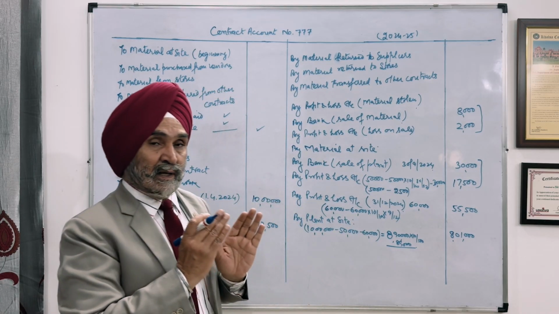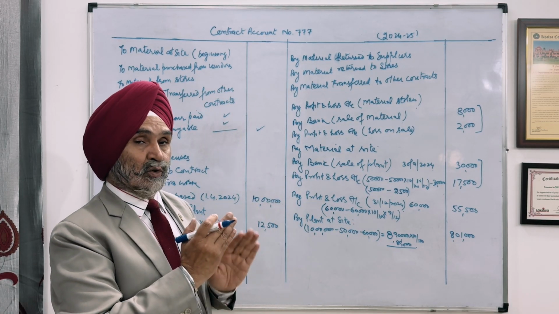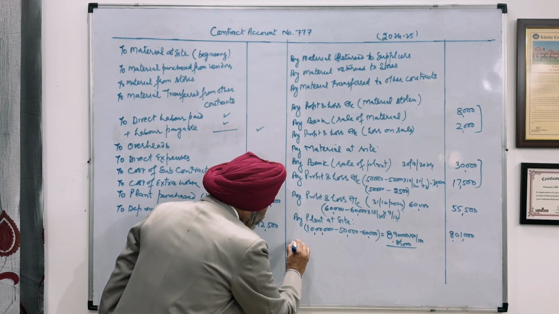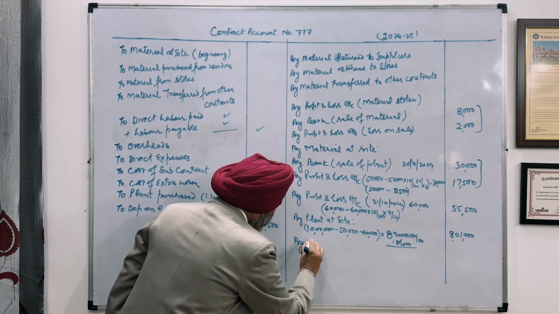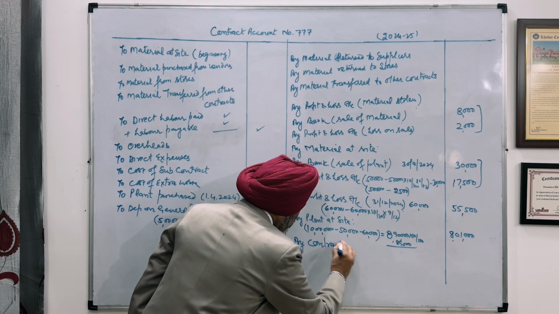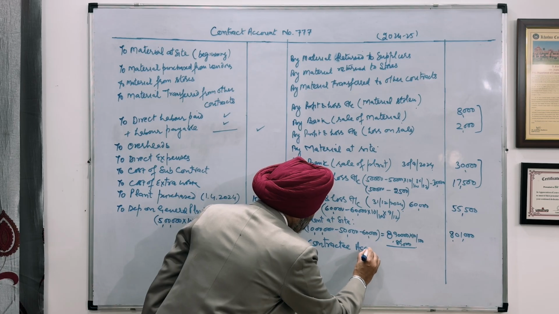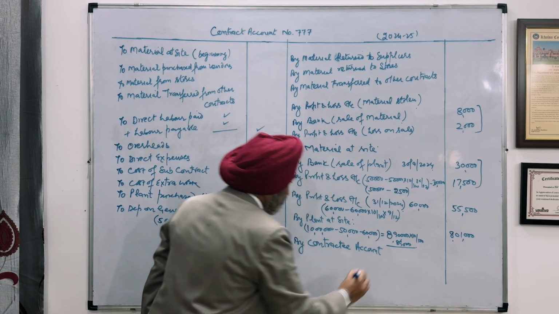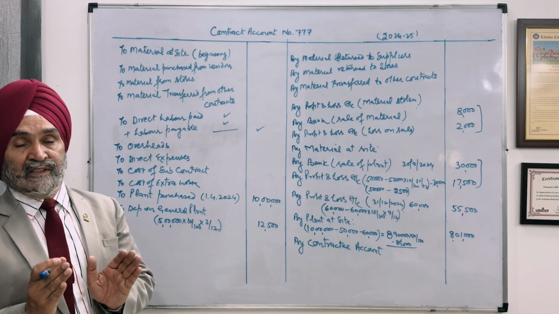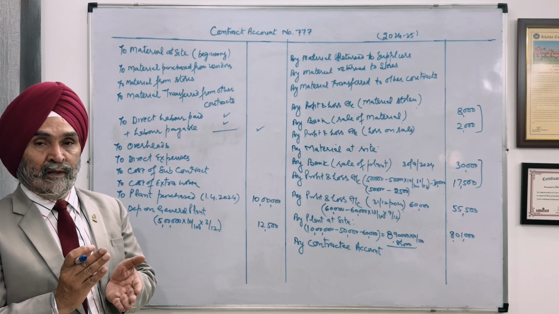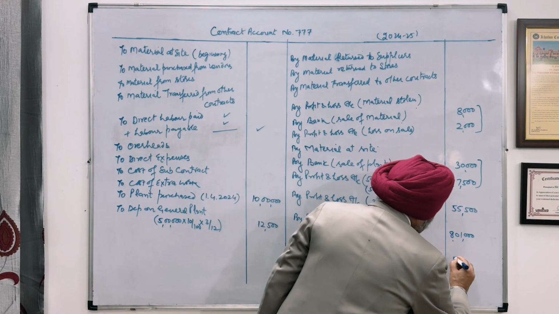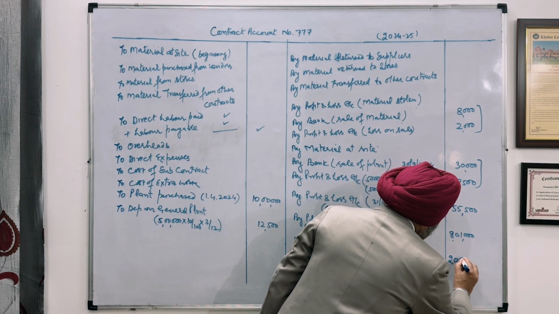If the contract is complete on 31st March or before that, then we will pass the entry, contractee account debit to contract account, with the contract price which will be given to us in the question. Let us suppose the contract price is 20 lakh.